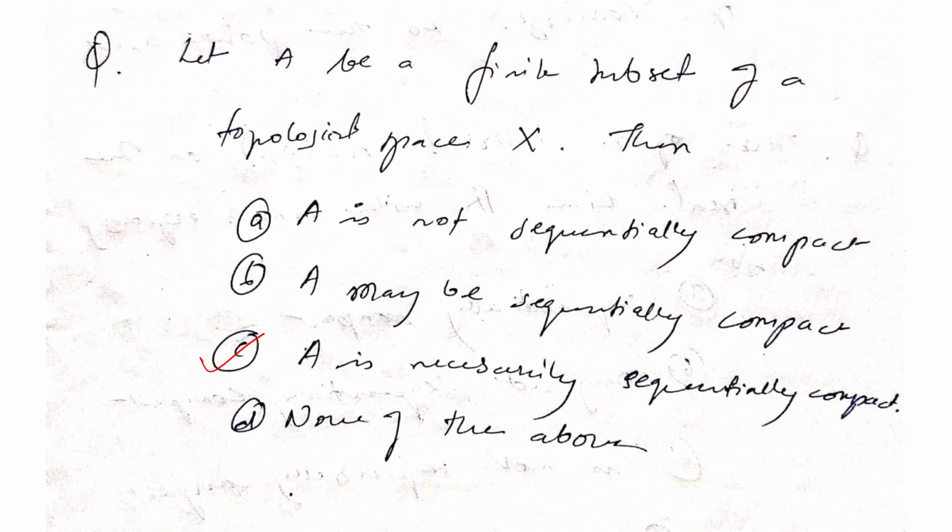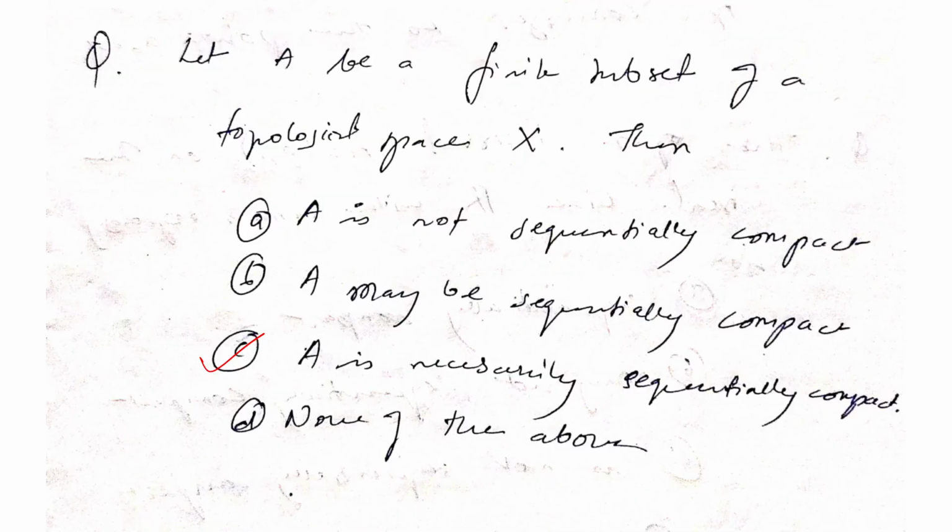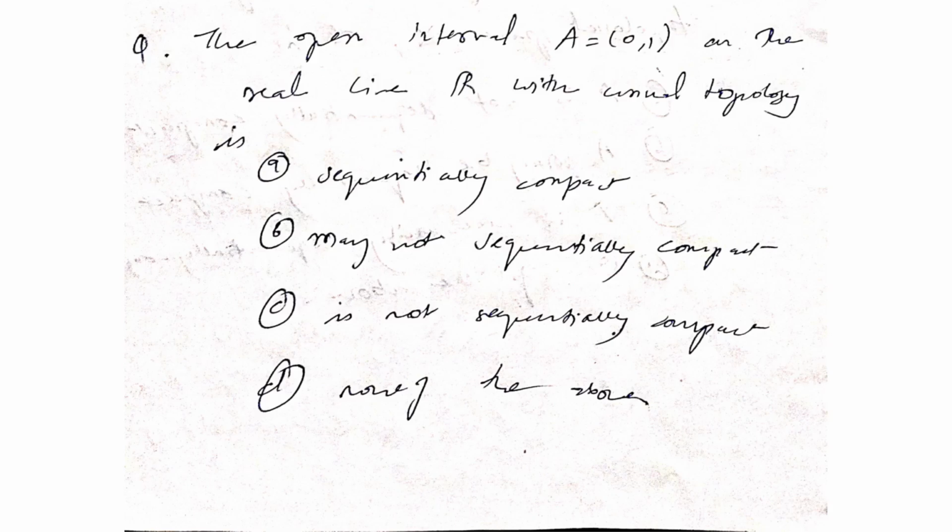Okay, so let's move to the next question. The open interval A equal to 0 comma 1 in the real line R with the usual topology: is it sequentially compact, or may be sequentially compact, or is not sequentially compact, or none of the above?